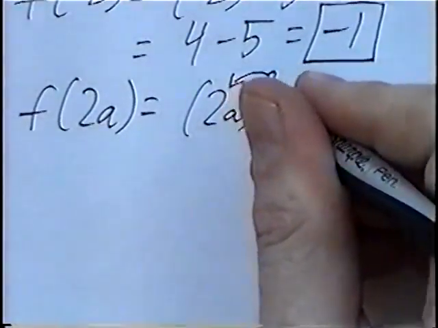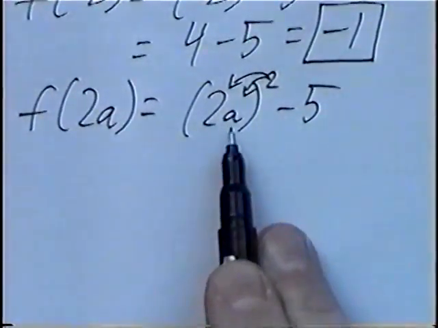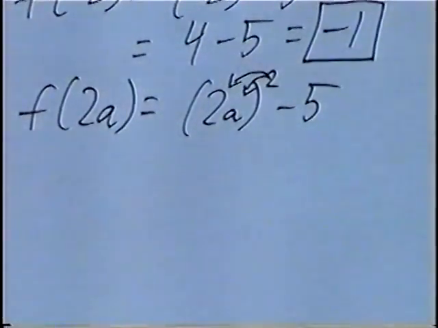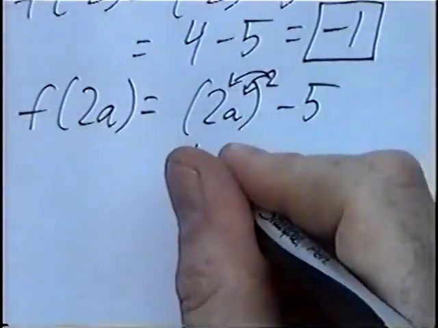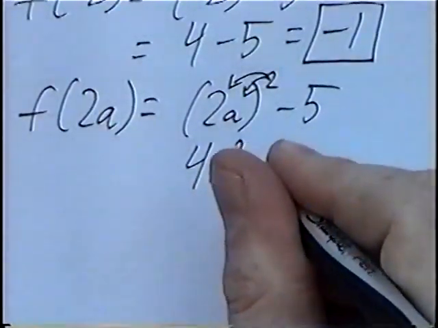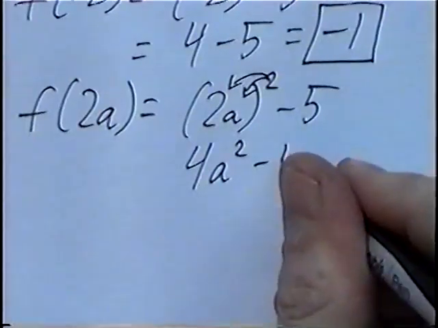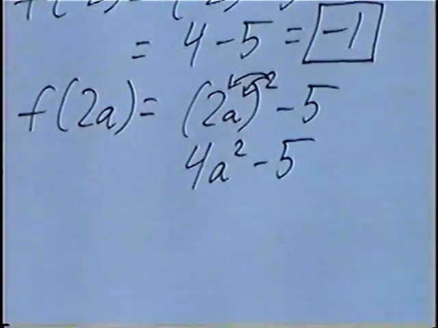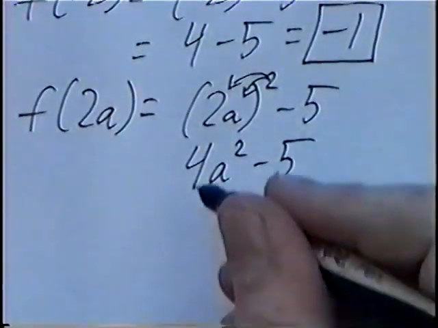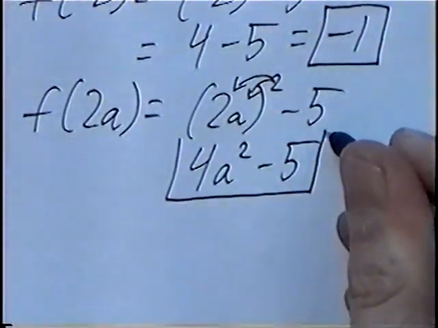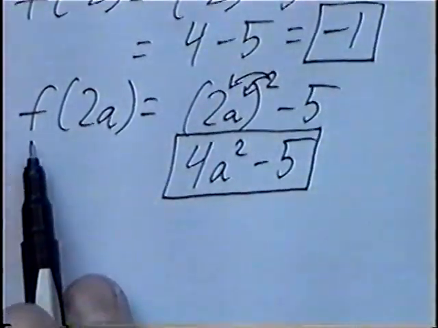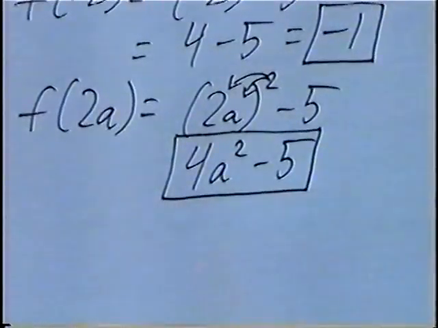The squared gets distributed or goes to each number and each variable inside. So 2 squared would be 4, and a squared would be a squared. Minus 5 would come down. This question cannot be simplified. There's no like terms. So the final answer, the value of f of 2a, is 4a squared minus 5.